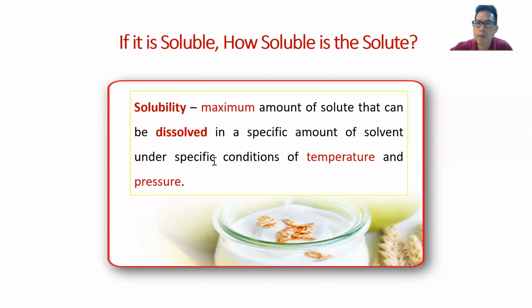So it really depends on the temperature and the pressure. That's why when you quote the solubility of a certain substance in a solvent, you need to specify the condition, the temperature and the pressure. Very important. Always specify.